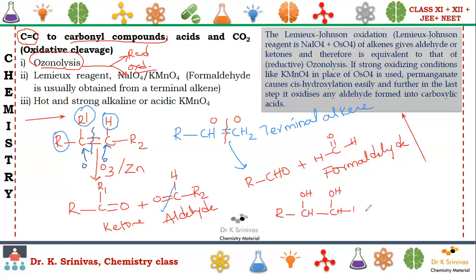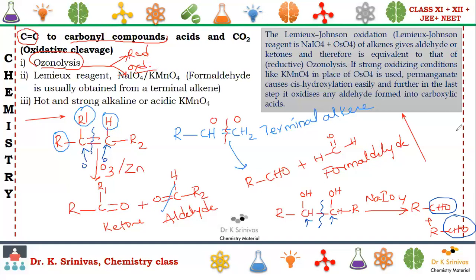If we react this with NaIO4, sodium periodate, then we get the compound like this: CHO here plus RCHO. What is happening exactly here? Just simple breaking of this bond and oxidizing this into the corresponding aldehydes. This is the way we convert.